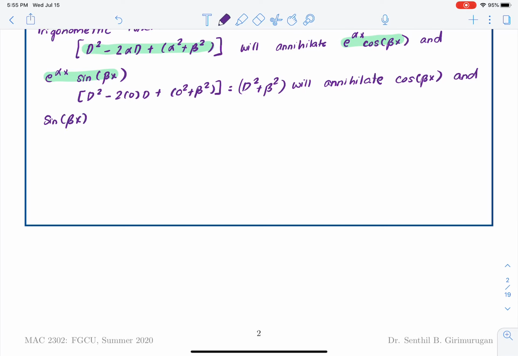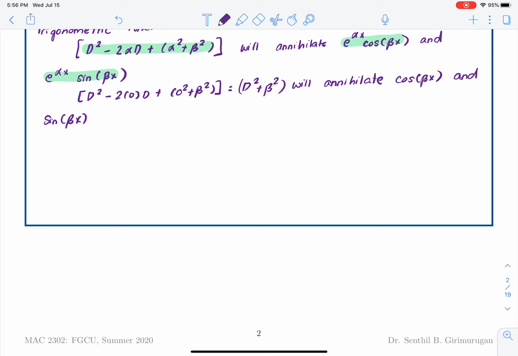So trigonometric functions such as sine and cosine can be annihilated by d squared plus beta squared. Now keep in mind, this doesn't apply to logarithmic functions, rational functions, or tangent functions, unless we could rewrite it in some nice way. So this only applies to cosines and sines.